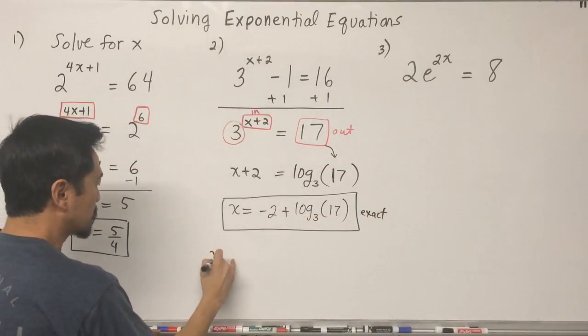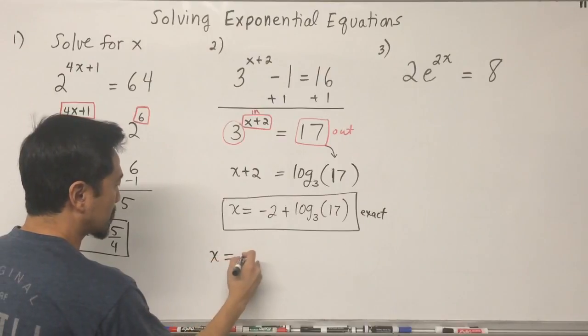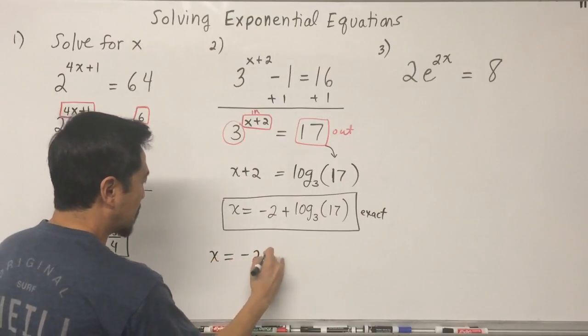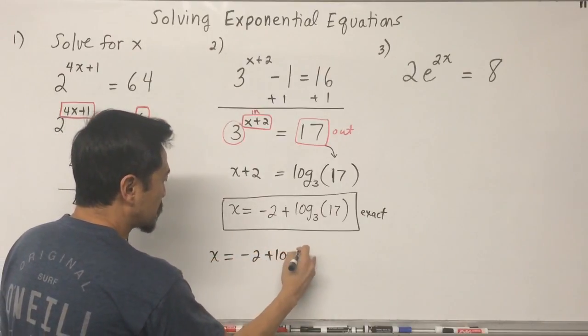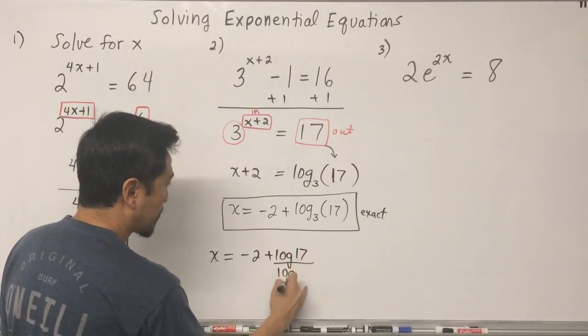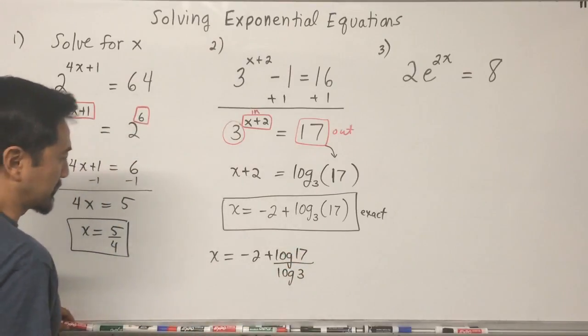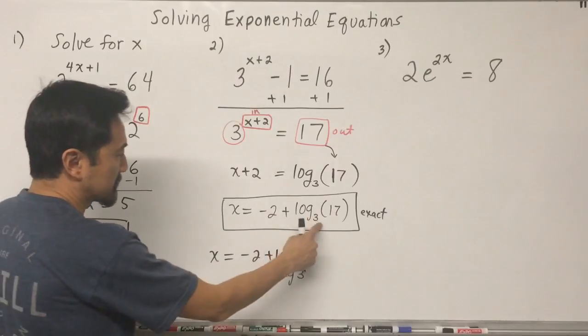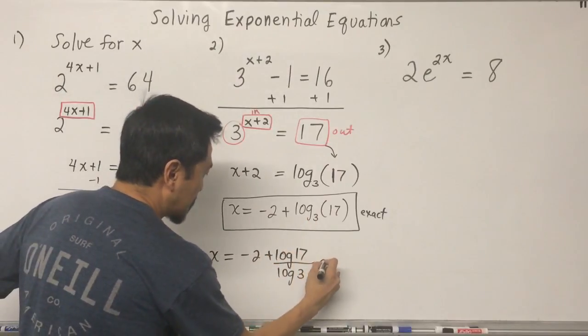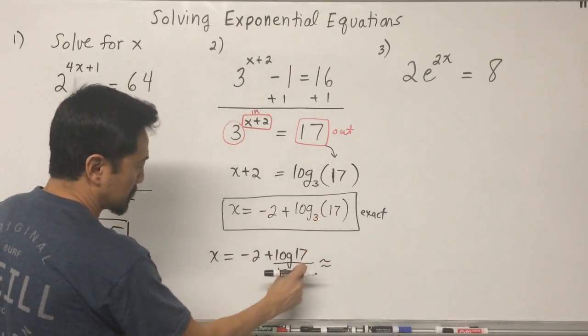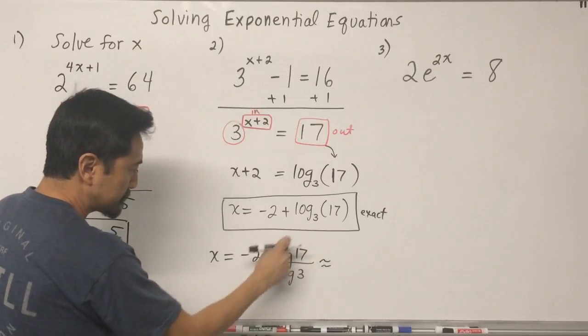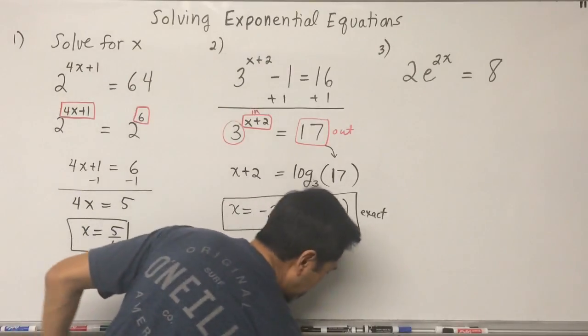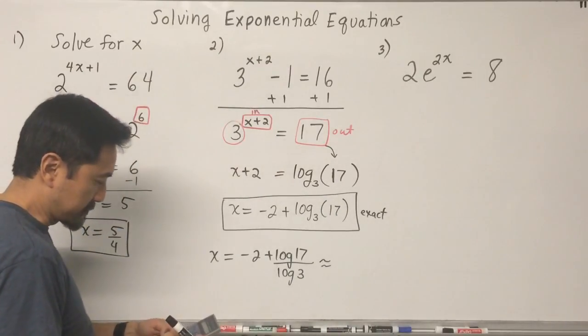But if we wanted to provide a decimal approximation, we're going to have to use the change of base formula, okay? My calculator doesn't give me base 3s, so now I'm going to have to rewrite it using the change of base formula so that we can get a decimal approximation.